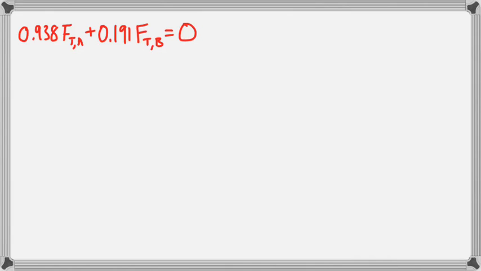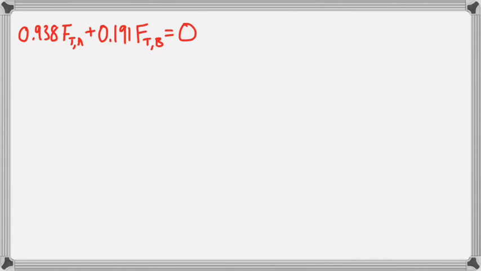If I remember right, the force of tension in rope A. Let's put the coefficient first this time. 0.938 force of tension in A plus 0.191 times the force of tension in rope B equals 0.